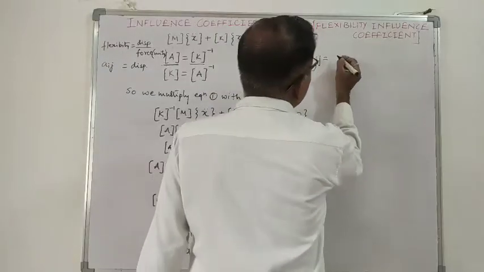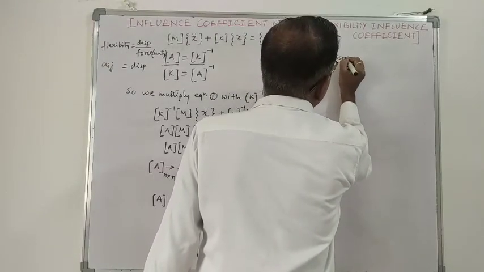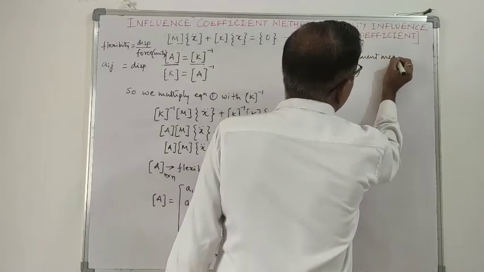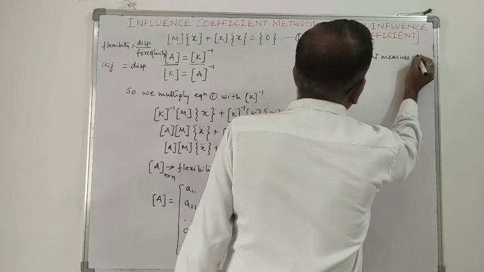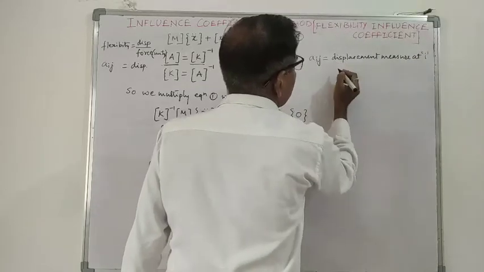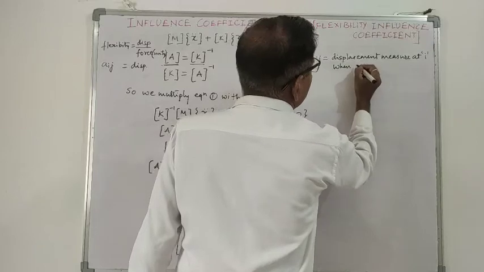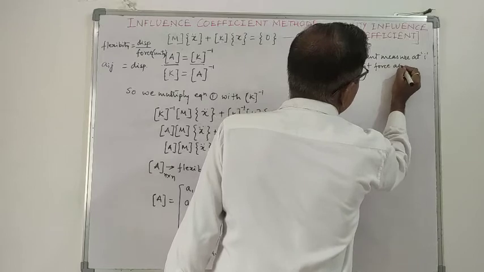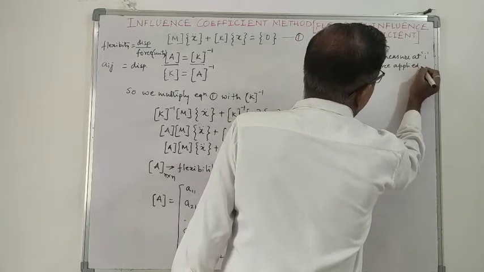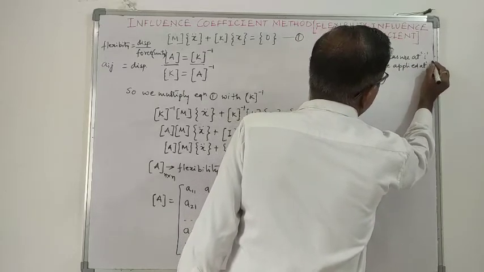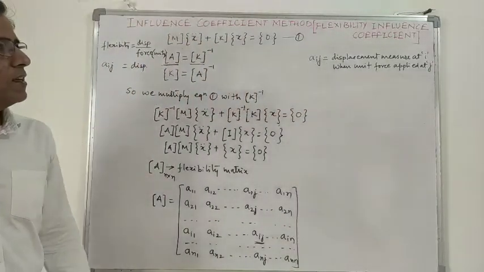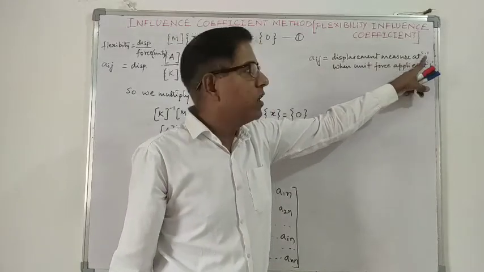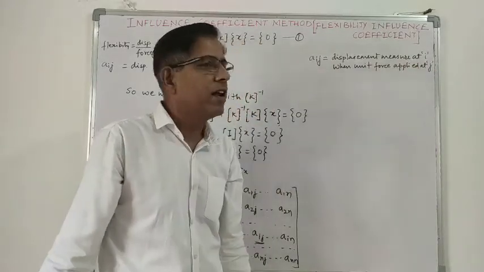So AIJ is displacement measured at ith coordinate when unit force is applied at jth coordinate.